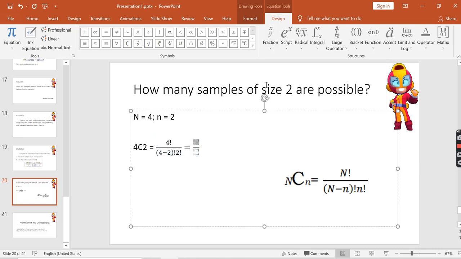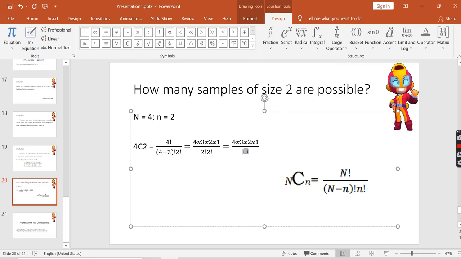Okay, so 4 factorial is 4 times 3 times 2 times 1. While here, since 4 minus 2 is inside the parenthesis, we can already simplify that, and that's 2 factorial times 2 factorial again. So I'm gonna expand the denominator part, and for the numerator, we'll just simply copy 4 times 3 times 2 times 1.